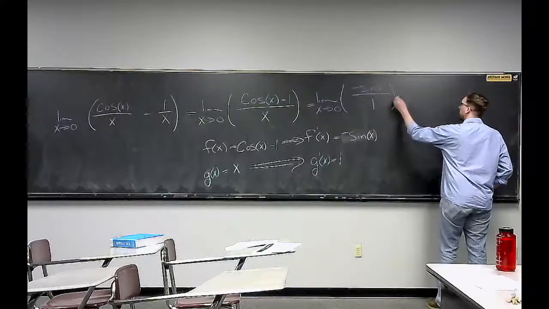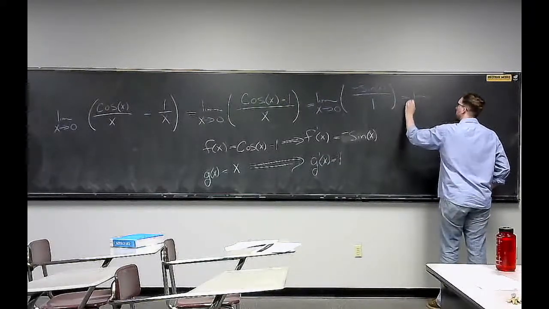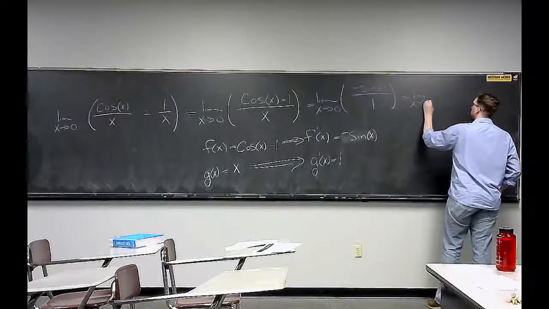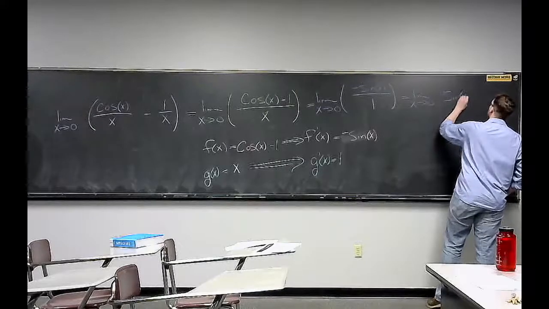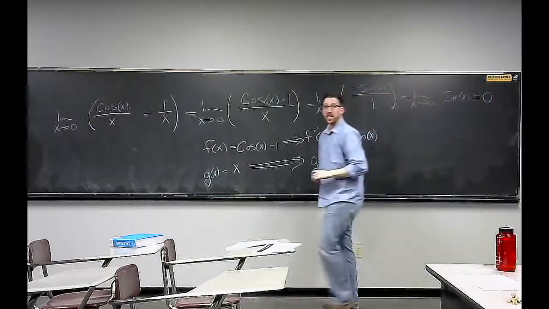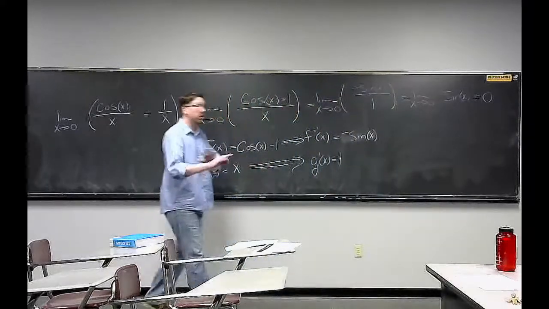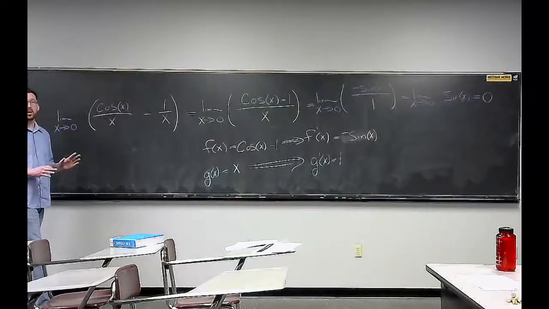Well, this is equal to the limit as x goes to 0 of negative sine of x. And that's just equal to 0. And that's it. That's all this is. That is all we're doing here. There is nothing else to this.